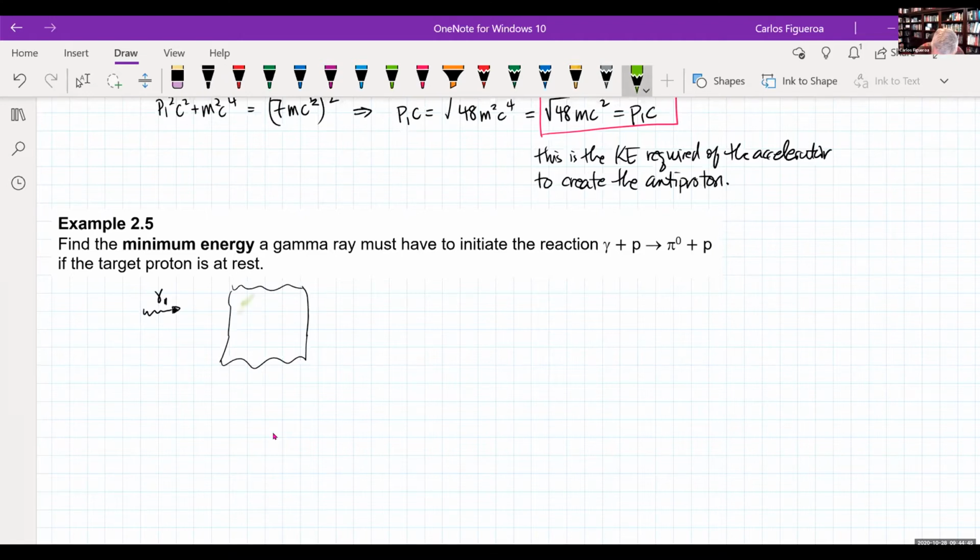You have some tank that contains hydrogen, and they get the protons from the hydrogen. They don't have a collection of protons, they have liquid hydrogen. And this is the guy that we're going to focus on. So I'm going to call this my P2.